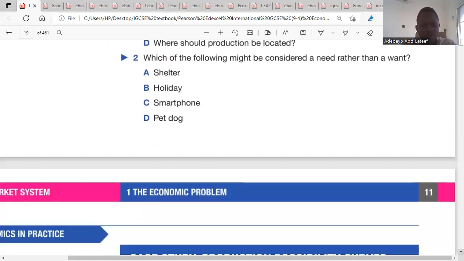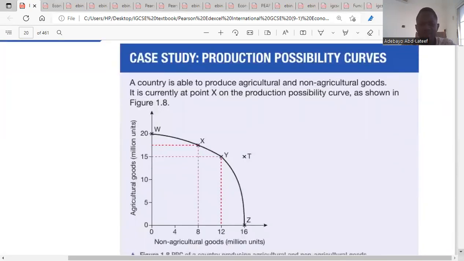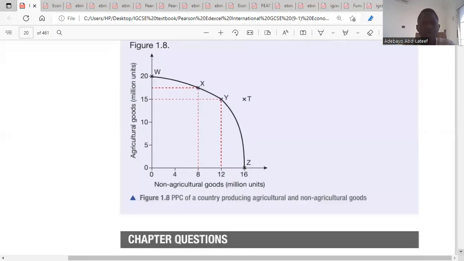Then we go down. Then we have a case study here. They said the country is able to produce agricultural and non-agricultural goods. It is currently at point X. So the country is able to produce at point X on the production possibility curve as shown in figure 1.8, this figure. We are able to see what it means here. The analysis about this, let me just make it out.